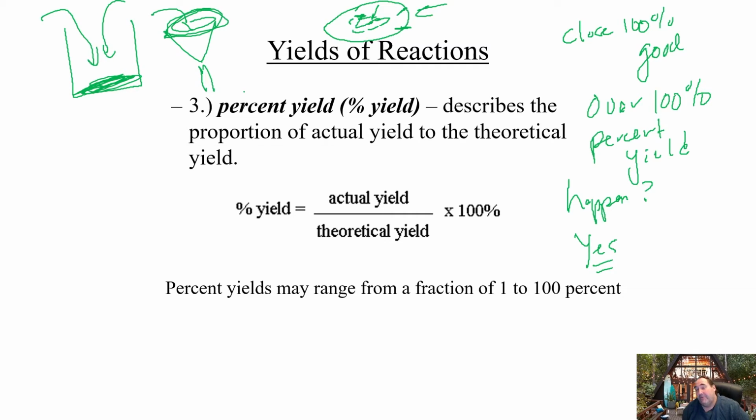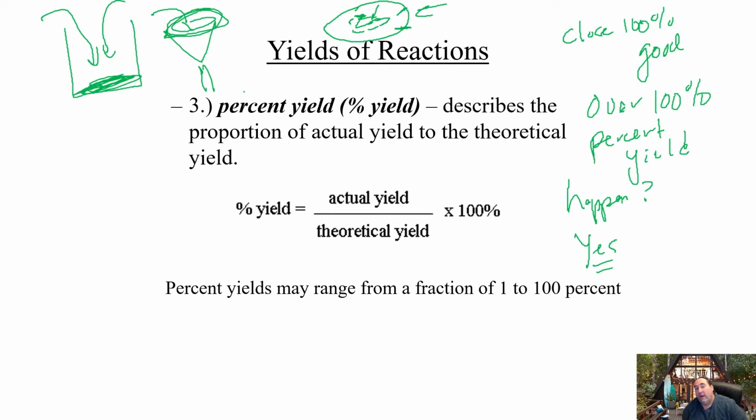Again, over 100% is not necessarily always a good thing, and this is a situation where it would not be. So ideally, a really good percent yield is a high number close to 100, but not over 100, because frankly that usually means you made some kind of error. For example, if you did this precipitation experiment, you would take that filter paper, put it in a drying oven to get rid of all the excess moisture and water, or let it dry for a few days.